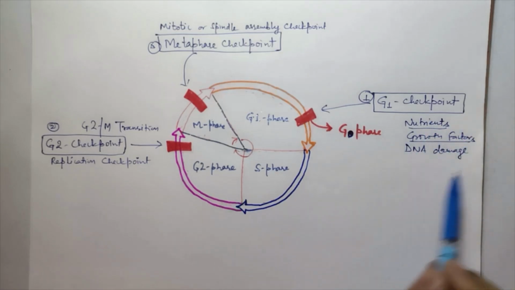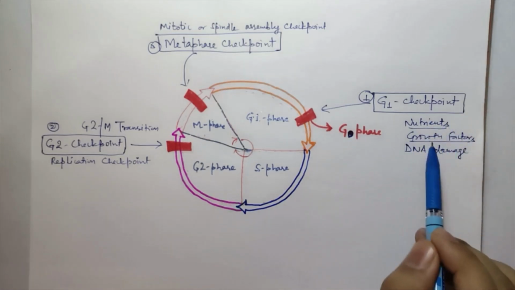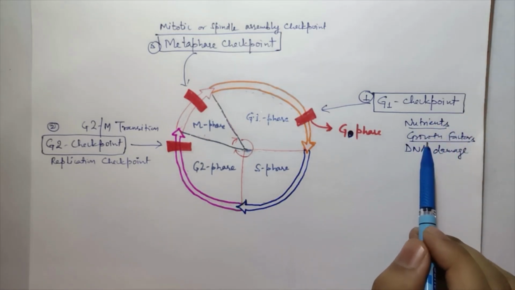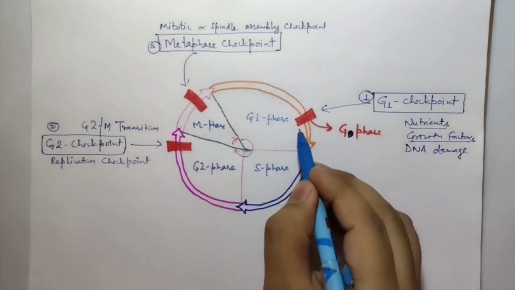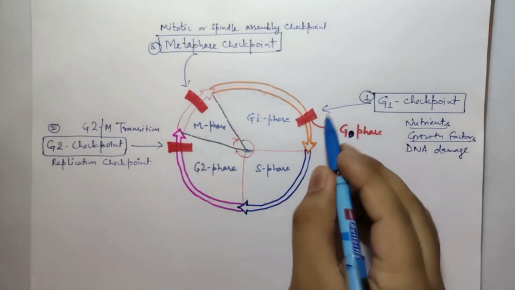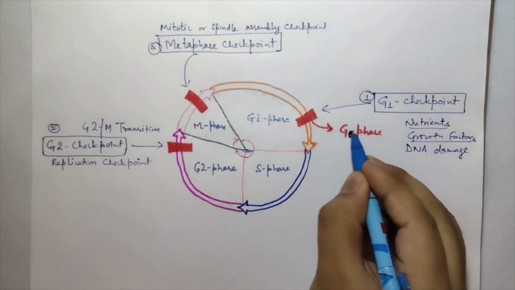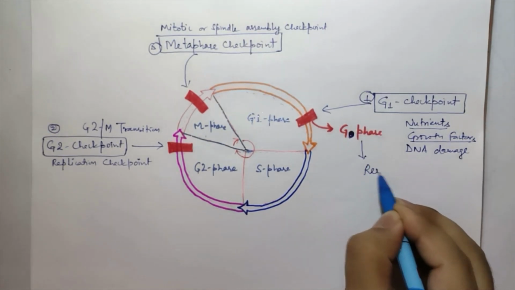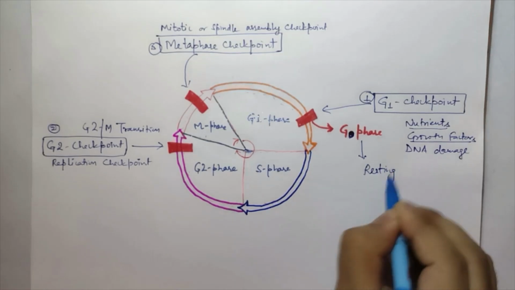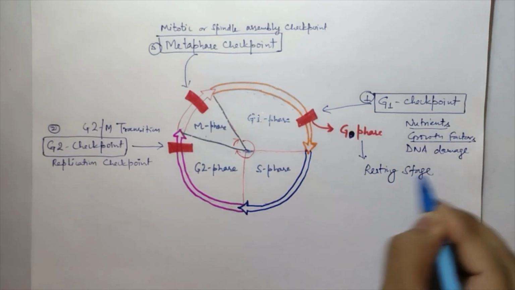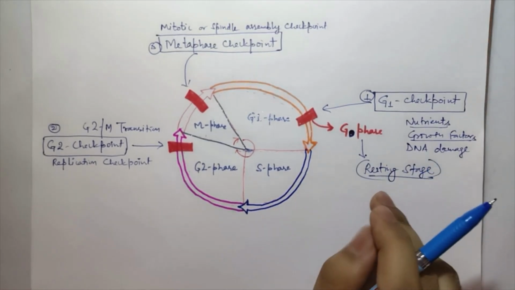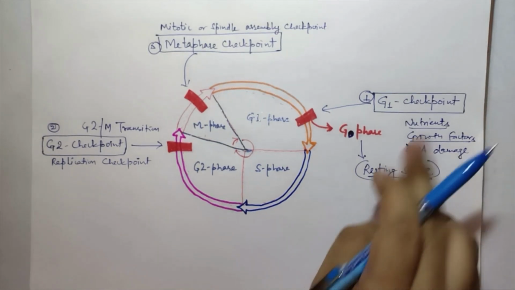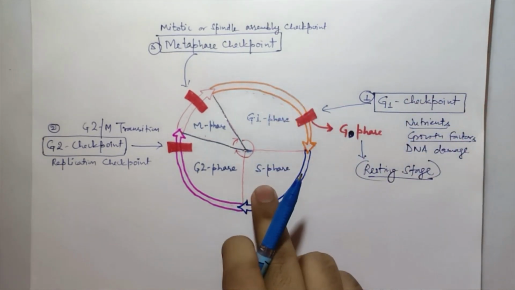If they are not properly maintained in this phase, then the cell is arrested at G1 phase, and usually such cells enter into G0 phase, also called the resting stage. And when this checkpoint is crossed, the cell enters into S phase.